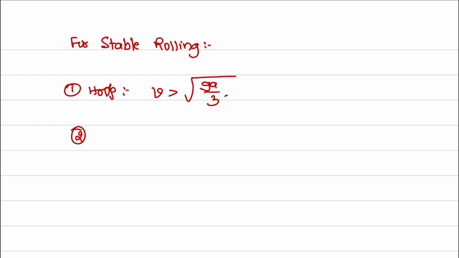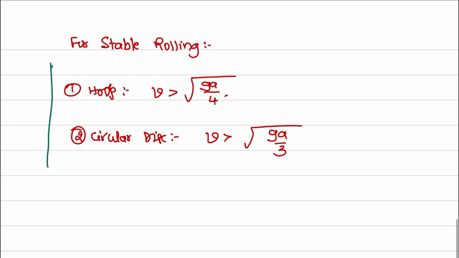I have already told you because of the circular, don't get confused because I used A. That is a convention. For a circular hoop it is g a by 4. For a circular disc, it is V is greater than square root of g a by 3. These two you please remember.